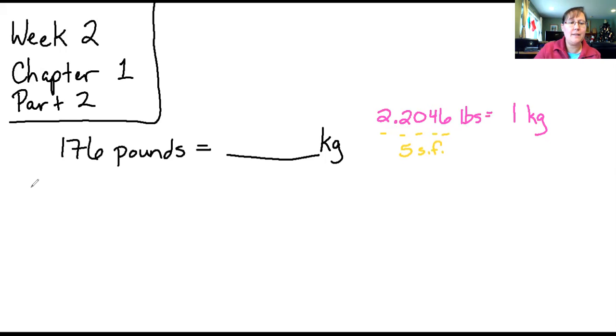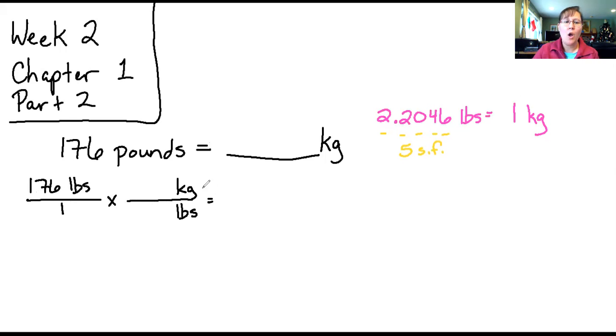All right, so I start here with my given, 176 pounds, and I'll put that over 1, times, now I've got pounds on the top, so I need pounds here, pounds per kilogram, because that's where I'm going with my conversion factor. Once I've put my units in so that they'll cancel, then I'll go ahead and put in my numbers.